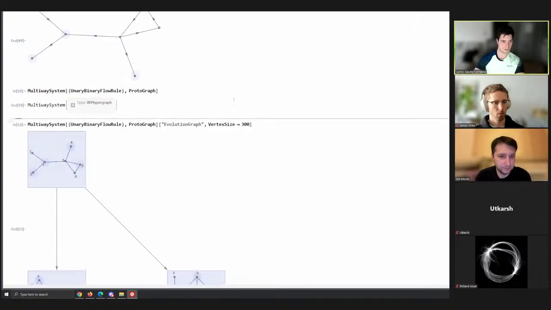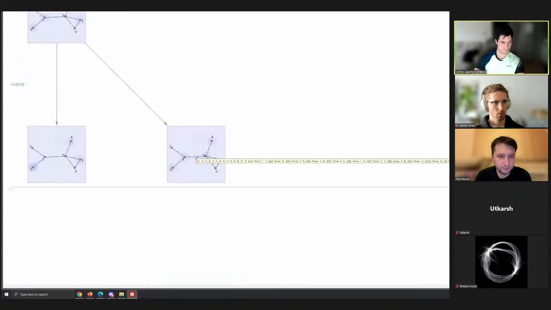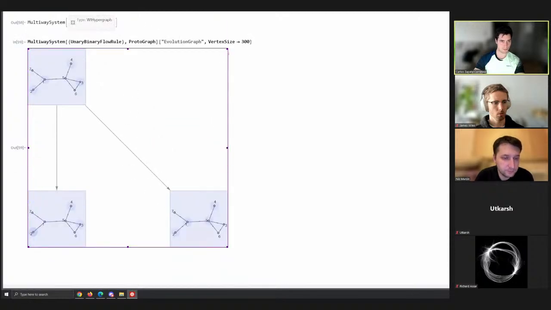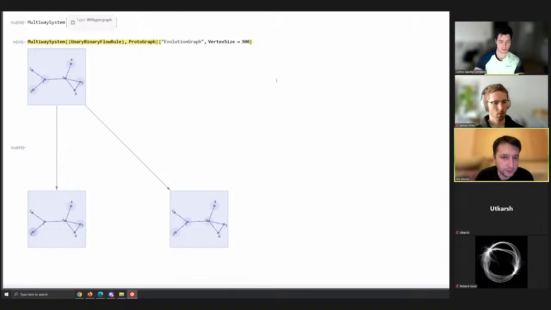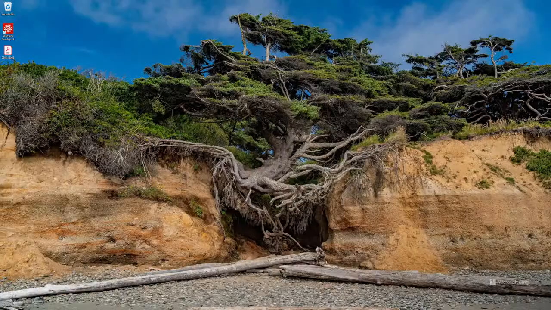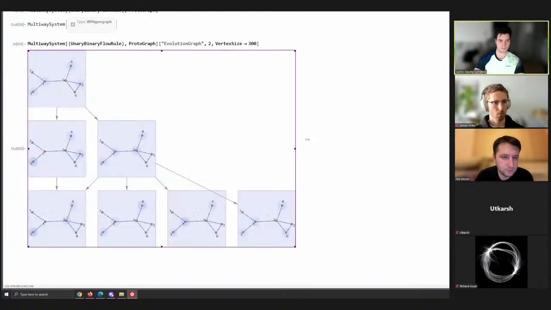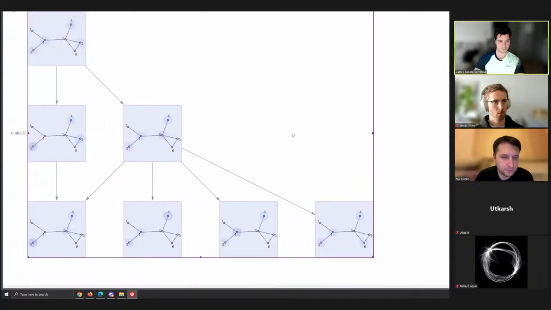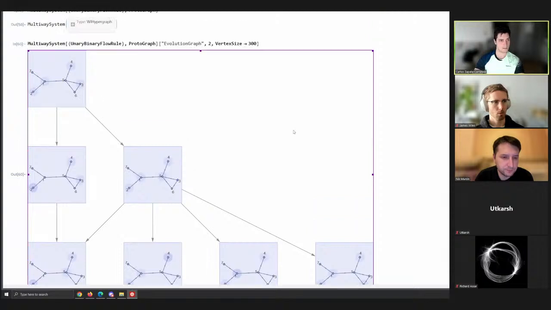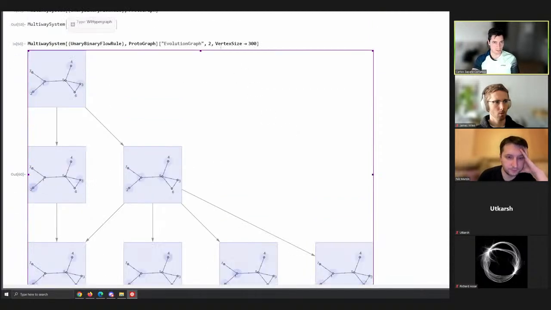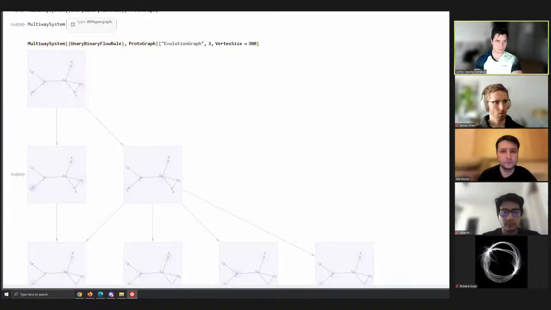So I'm not sure why it is showing only one step. Can I give it a number? Yeah, give it a number. Ah, right. Okay. It's not particularly useful.